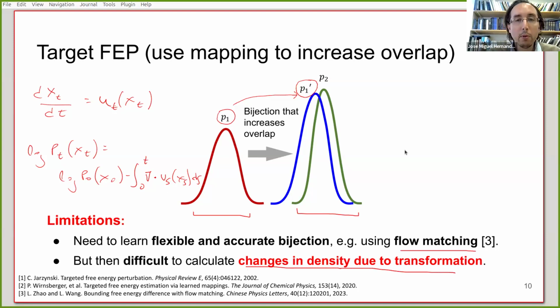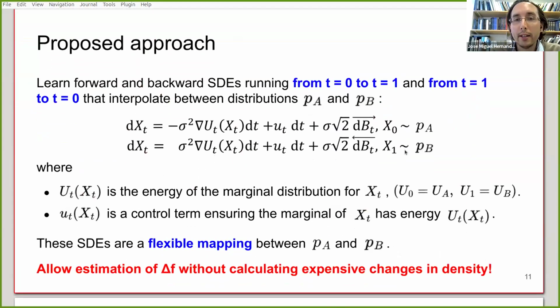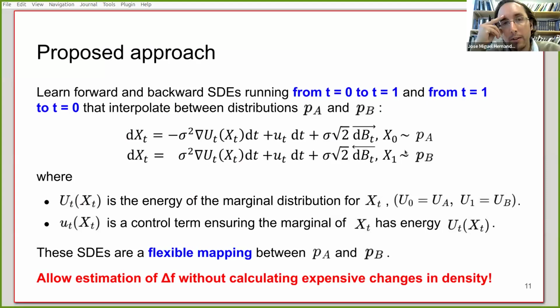And what we propose in this work is an approach that is going to allow us to calculate these free energy differences at a lower cost and better than these previous methods. Okay, we want to have high overlap, so we want to transform the samples between the two distributions A and B so that there is high overlap, and we're going to do that using stochastic differential equations.